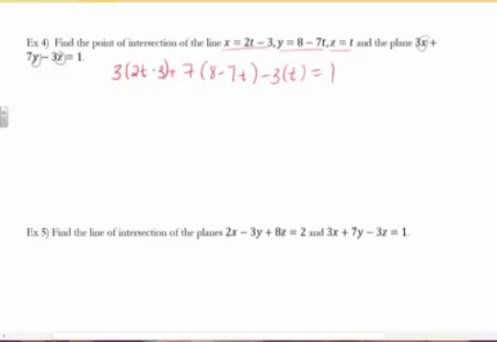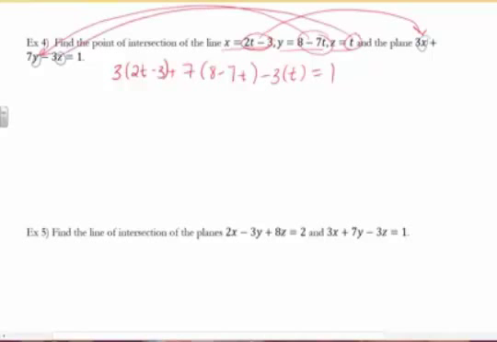So all I did is I substituted 2t minus 3 in for x. I substituted 8 minus 7t in for y, and t in for z.